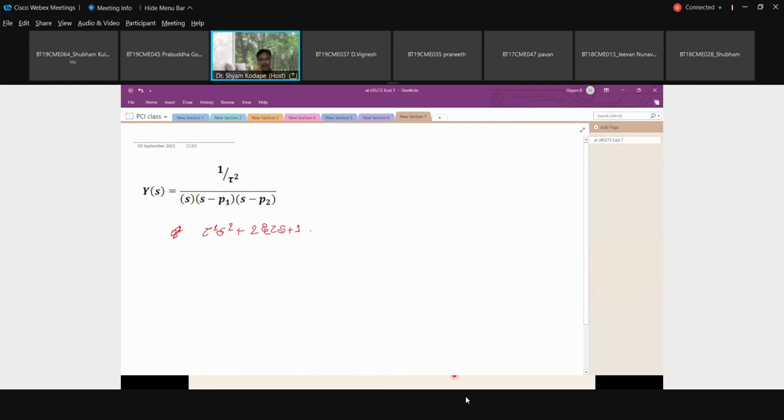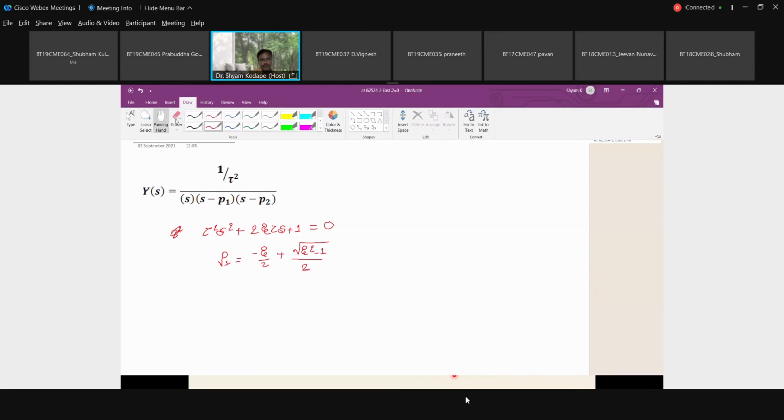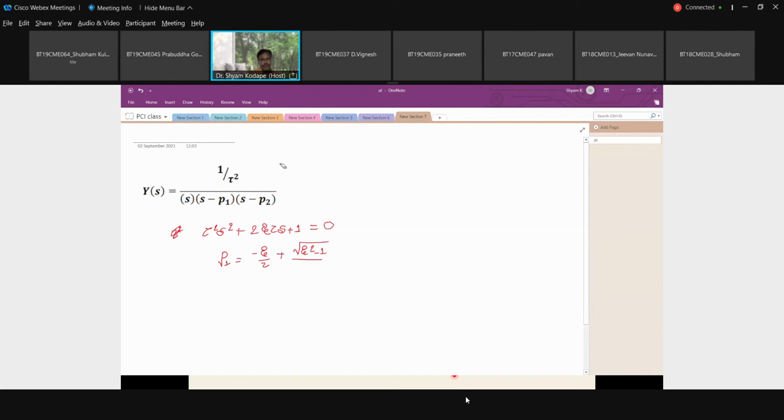When we equate it equal to 0, you observe that P1 will be minus psi by tau plus under root psi square minus 1 by tau, sorry, it is not 2, it is tau.